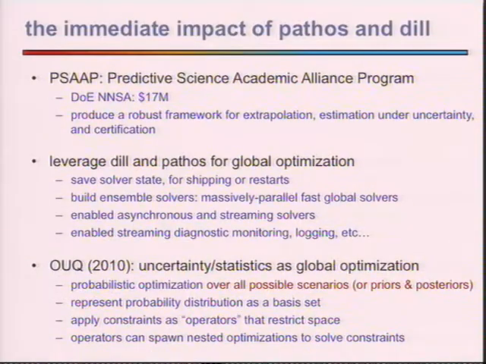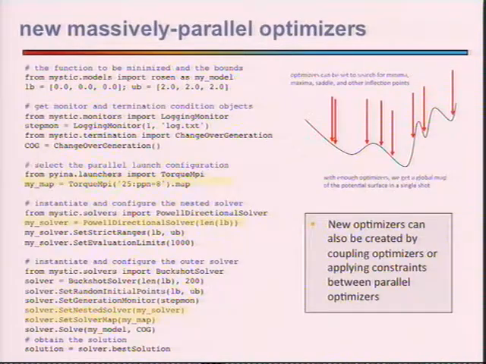So the immediate impact was I then also got another grant, $17 million for predictive science, where we now had a working global optimizer in this distributed parallel, and we started being able to do large-scale uncertainty and statistics as global optimization, and really challenge the frontiers of being able to do predictive science and build things like massively parallel optimizers.